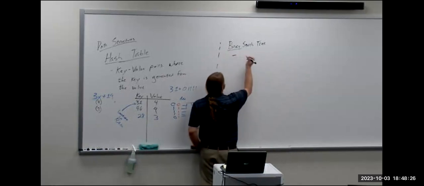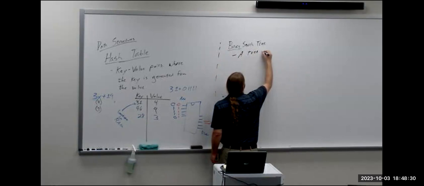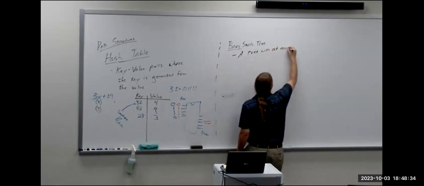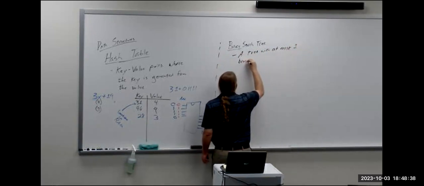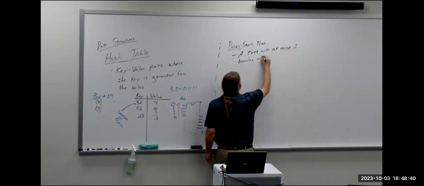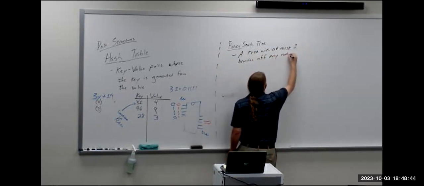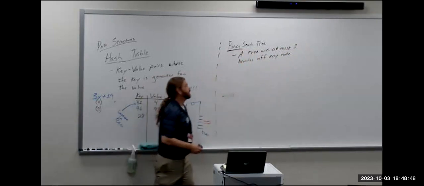That was just a reminder of a tree. A tree with at most 2 branches off any node. So 2 branches off any node, there's our binary part.